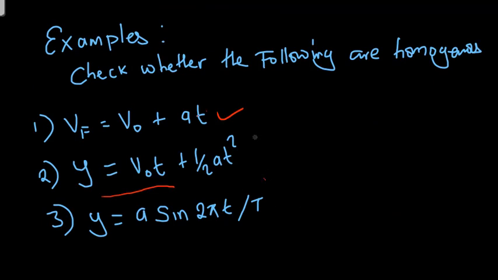All right, so let's quickly look at the last example. So we have proven that this also is dimensionally correct. Now we have to check that this is also dimensionally correct.